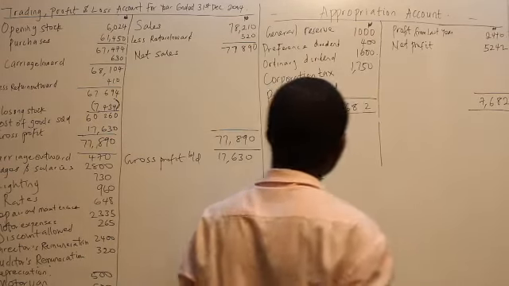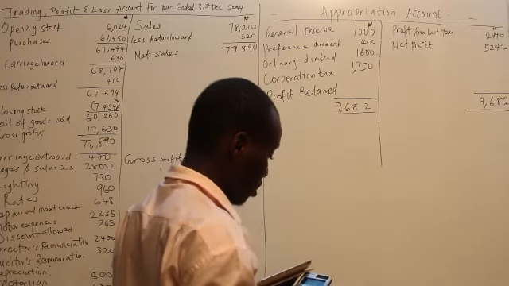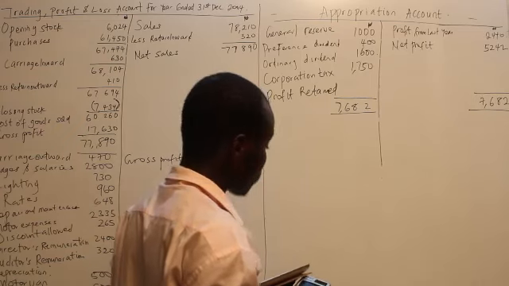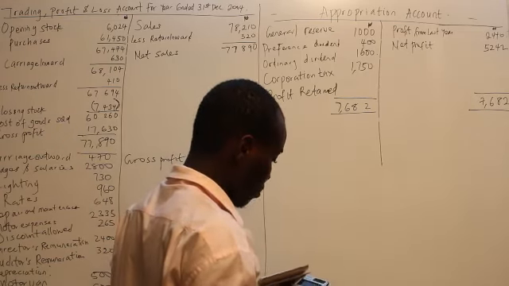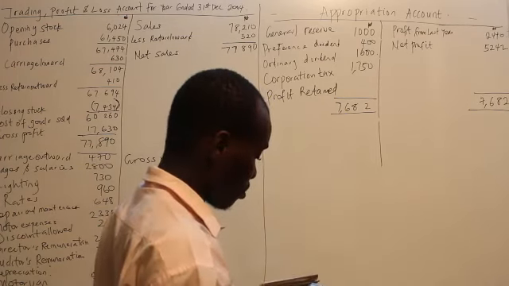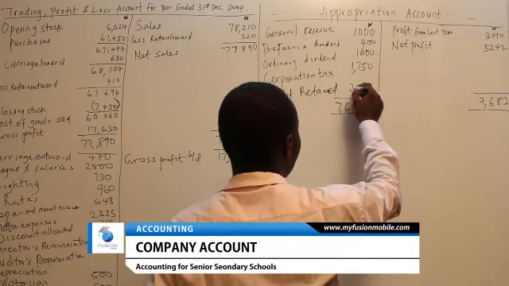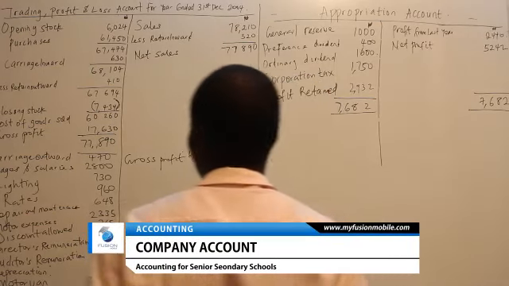So we have 1,000 plus 400 plus 1,600 plus 750, so we have 3,750 minus 7,682. So retained profit is 2,932. That will be the retained profit for the period.